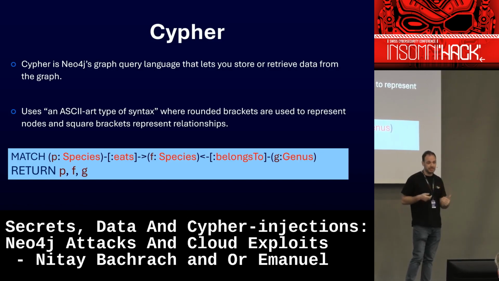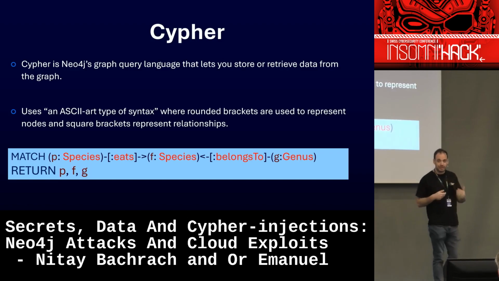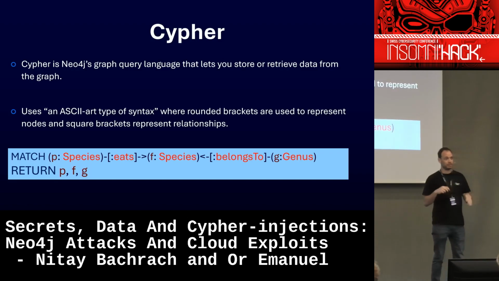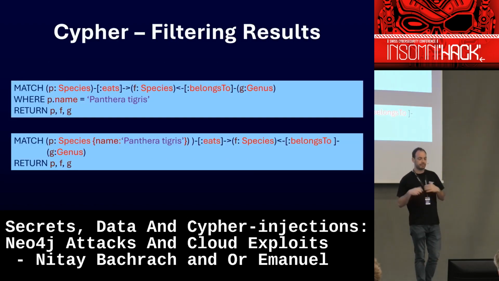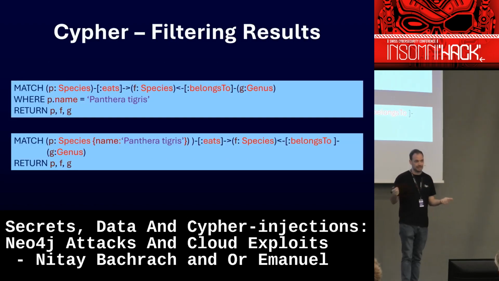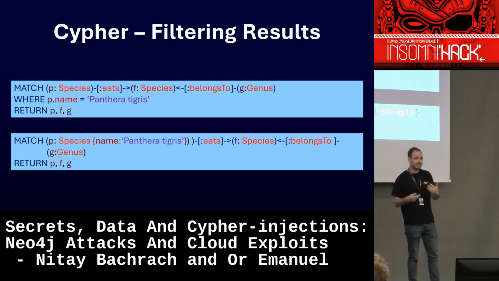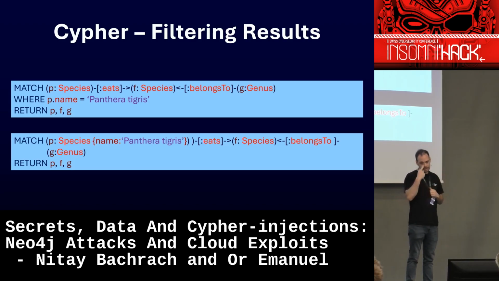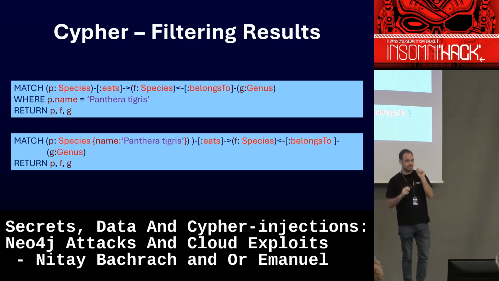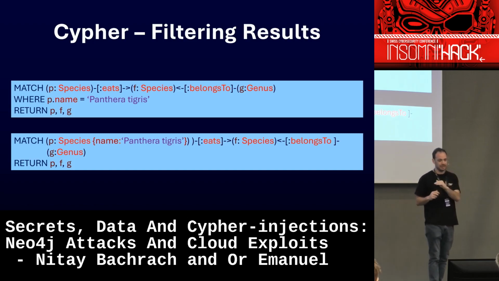It has many features, and we will go over them just to make sure we understand what Cypher is before we talk about more advanced attacks. So in Cypher, like SQL, we need to be able to filter data. I can retrieve a subgraph or a specific node, but maybe I want only nodes that meet specific criteria.